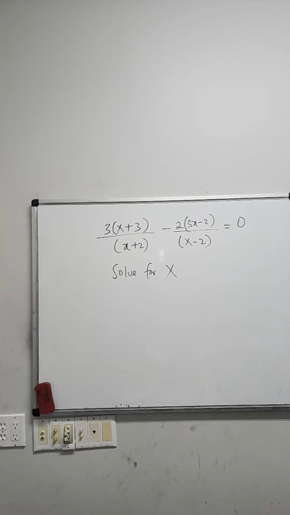I forget what the quadratic formula was. Minus b plus or minus the square root of b squared. And what was the quadratic?